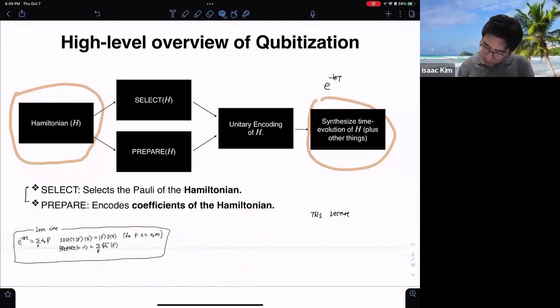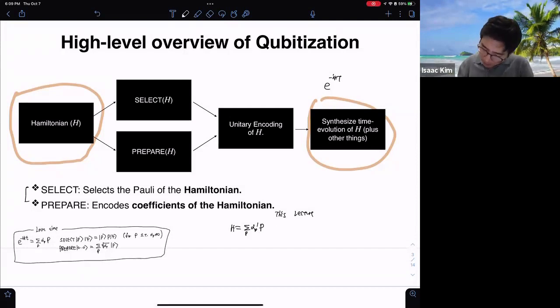So in this lecture, imagine expanding H, not e to the minus iHt, but H into a linear combination of unitaries. To make a distinction, I'll denote the coefficients as alpha p prime.